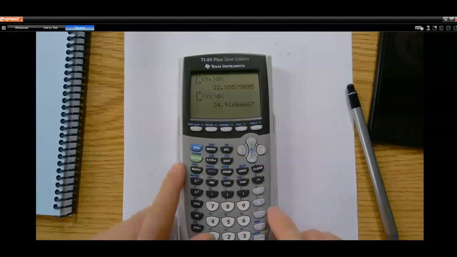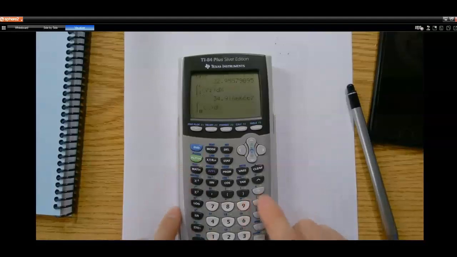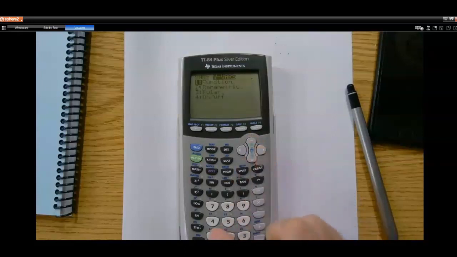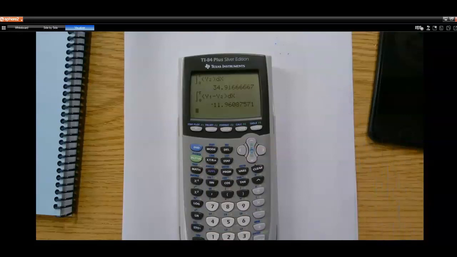So it's the integral from 0 to 5 of the rate in, which on my calculator is y1, minus the rate out, which on my calculator is y2, all with respect to x, and I get negative 11.961.